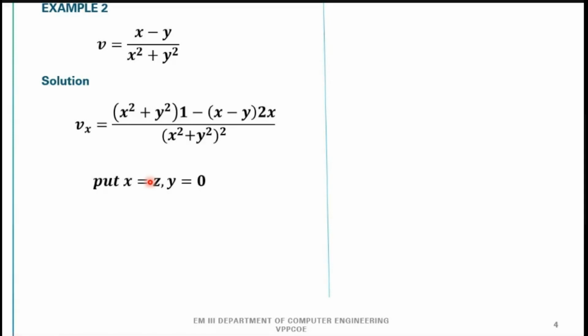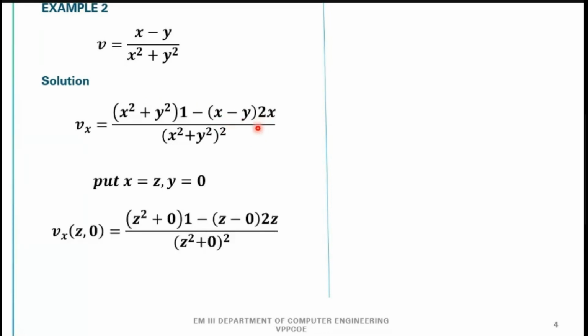Then x is z, y is 0, replacing x by z. So I get z square plus 0 minus z minus 0 into 2z. So the y terms will become 0. So z square will remain in the first term and minus 2z square in the second term.